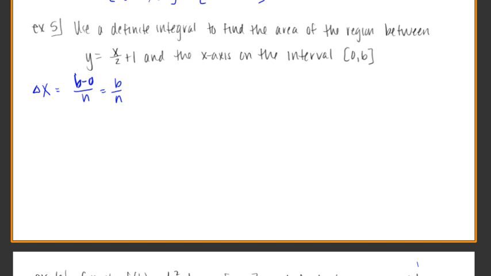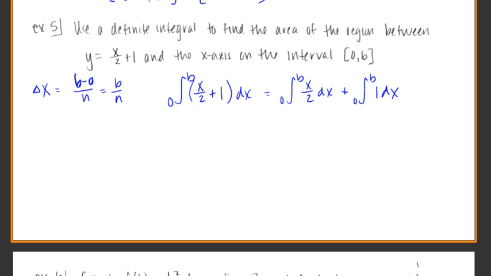Now we can actually write some stuff down. So it's going to be the integral from 0 to b of our function, x over 2 plus 1, dx. And now we can work with it a little bit more. So we can say the integral from 0 to b of x over 2 dx plus the integral from 0 to b of 1 dx. Working with this again, we'll pull off that 1/2, so 1/2 times the integral from 0 to b of x dx, and I'll leave the other one the way it is, the integral from 0 to b of 1 dx.